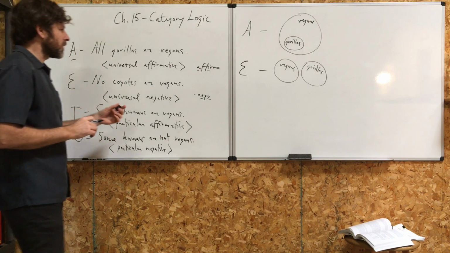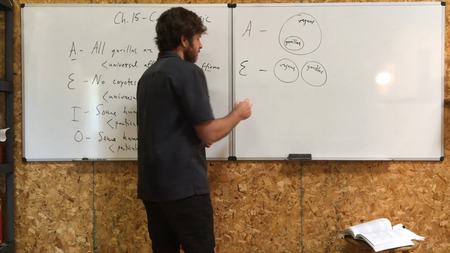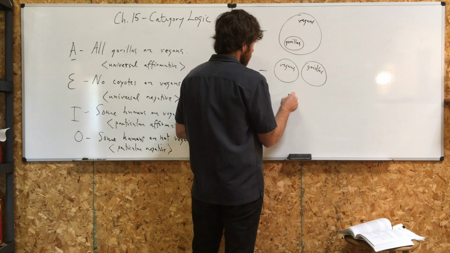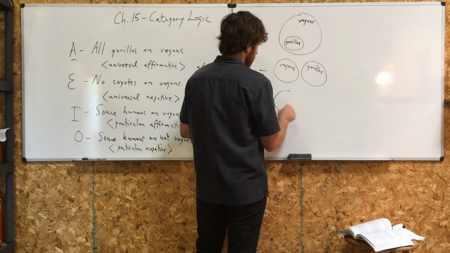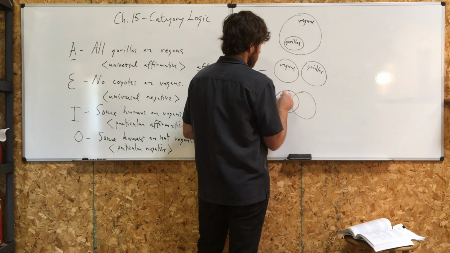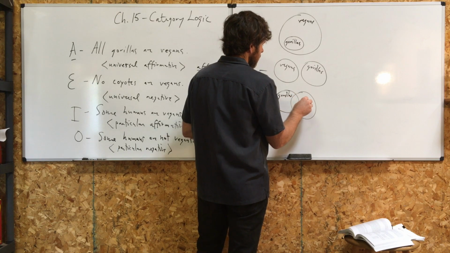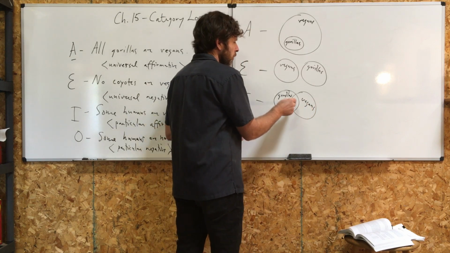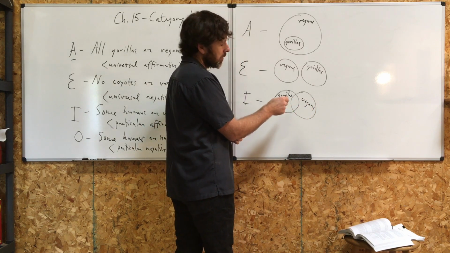An I statement, well, let's see. I guess you could do something like this, right? You could overlap the two. Take the set of gorillas, take the set of vegans, and you know something? There's at least one thing in here.